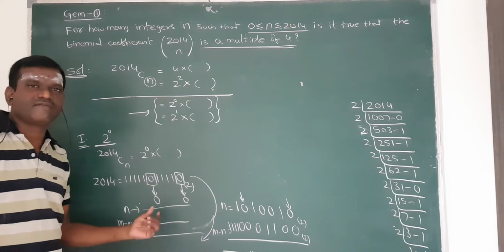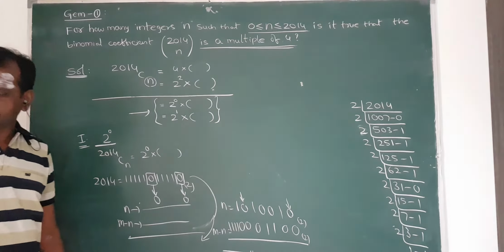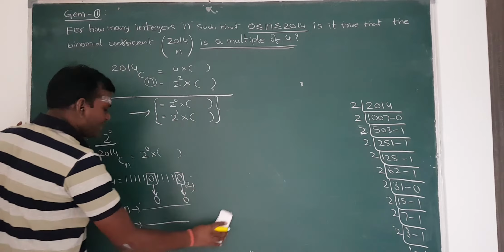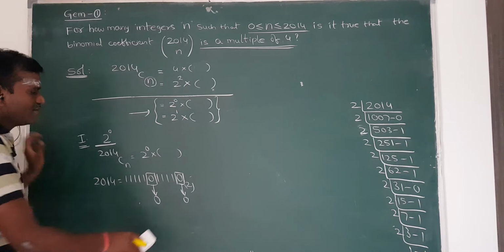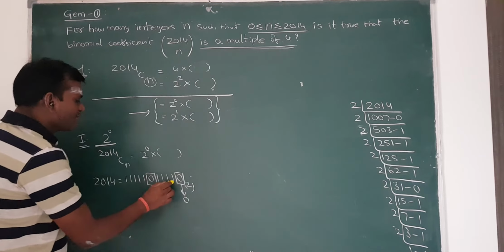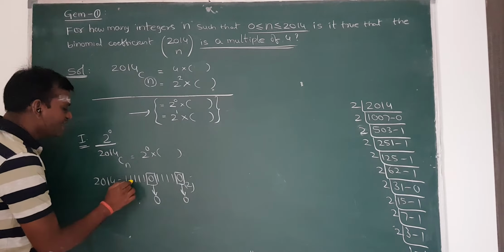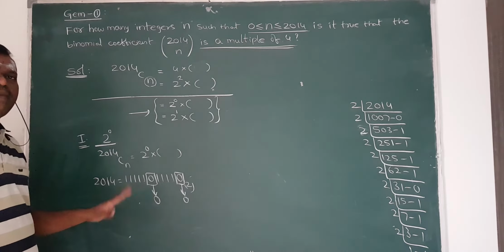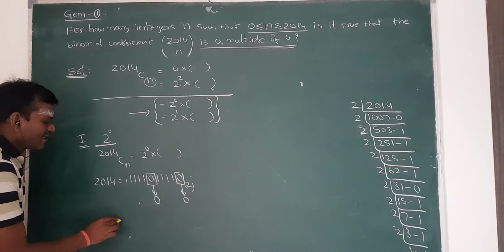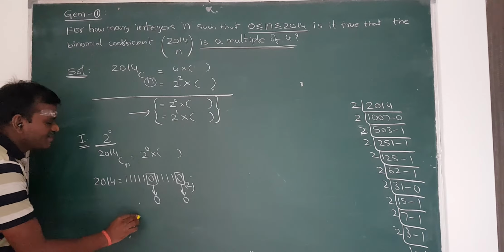So how many different values are possible? I am fixing these two positions, but the remaining 1, 2, 3, 4, 5, 6, 7, 8, 9 places I may keep either 0 or 1.